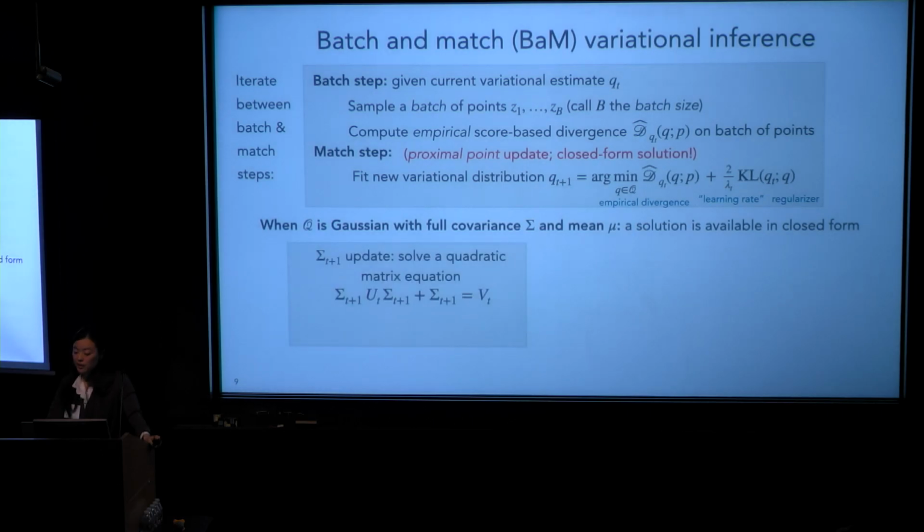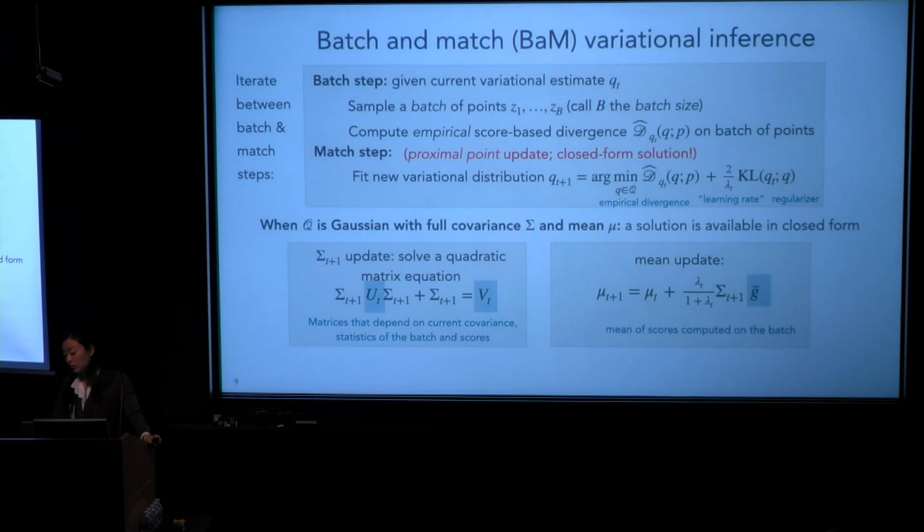For the covariance update, it arises from solving a quadratic matrix equation of the following form, where U t and V t are matrices that depend on the current value of the covariance and statistics of the batch and the scores. And you can see our paper for actually solving this equation. The mean update looks like the following, where we take the current mean and we add something that depends on the mean of the scores computed on the batch of samples, and the current covariance update.